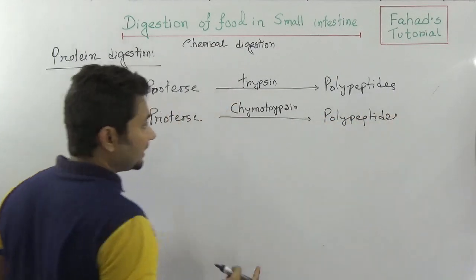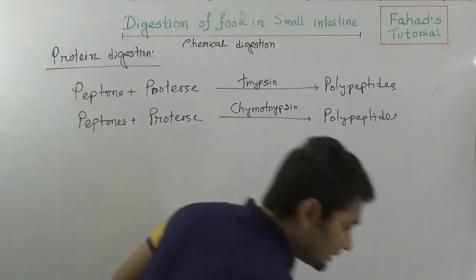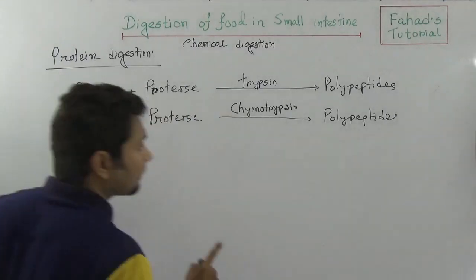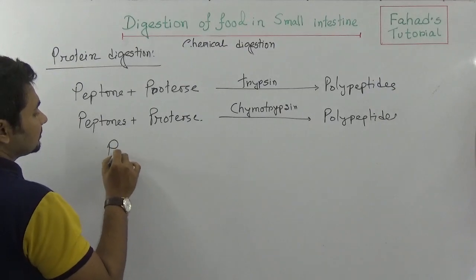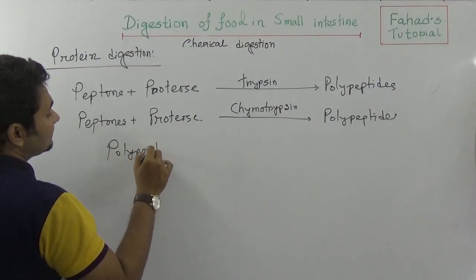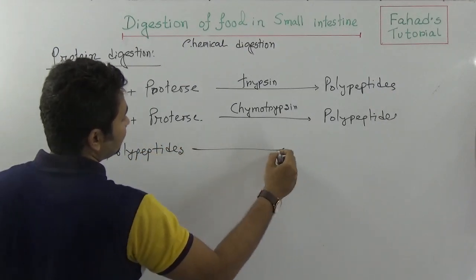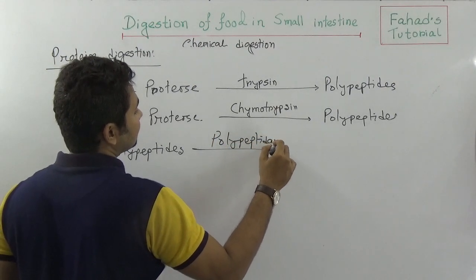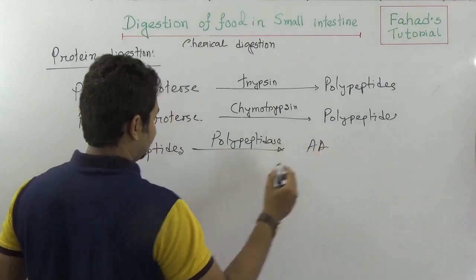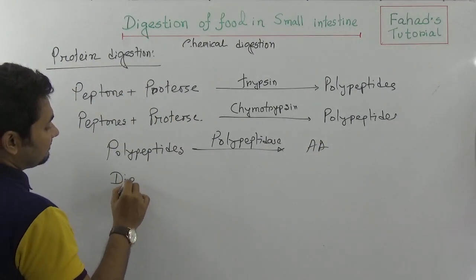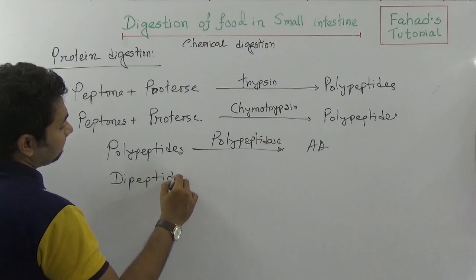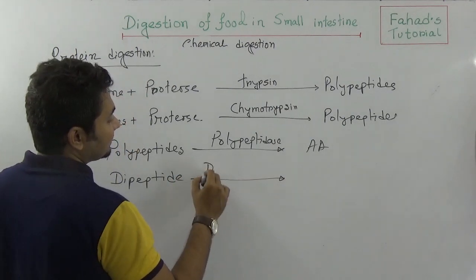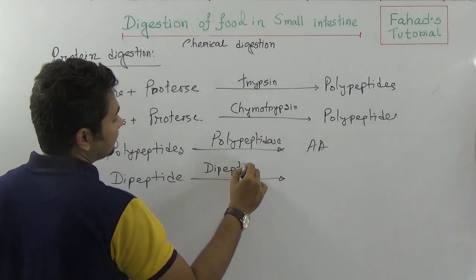that would be polypeptides. And then polypeptides will be breaking down, so these polypeptides will be breaking down, and produce amino acid. Now dipeptide will be breaking down by dipeptidase.